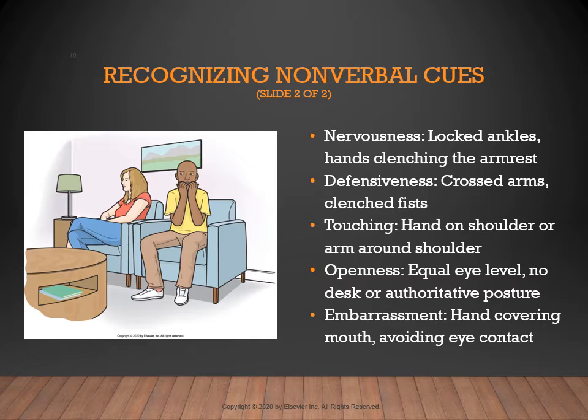Openness is going to be that they have this equal eye level. They meet you, they make eye contact with you, and there's no desk or authoritative posture. This happens a lot when you're with them. You sit them up, you're sitting in your chair, they're sitting in the dental chair, and you're on that even playing field with them, and that is going to really help to build trust and openness.